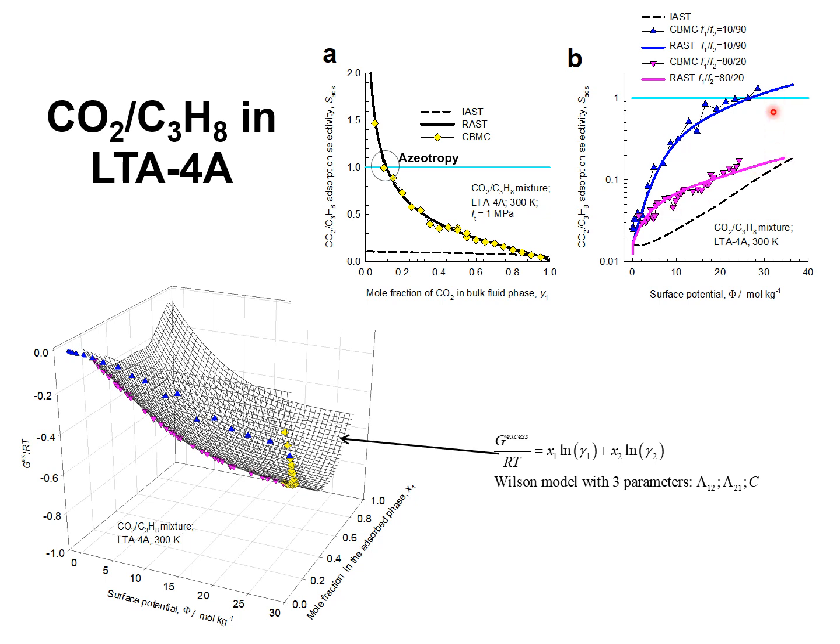The continuous solid lines, blue, pink, and black, are Wilson model fits with three parameters, lambda 12, lambda 21, and C. The entire set of three CBMC simulations are analyzed together to determine the three parameters.